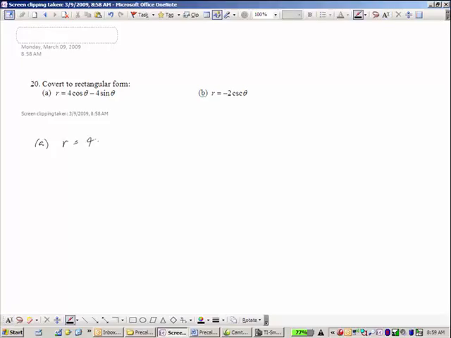R equals 4 cosine theta minus 4 sine theta. What are some things that I know? All right, x squared plus y squared equals r squared. That's one thing I know. Anything else?